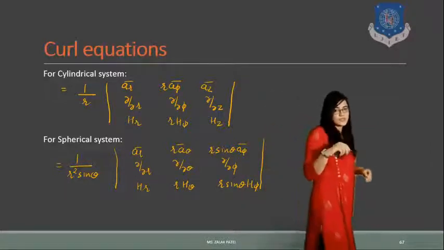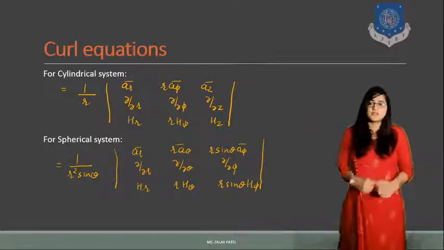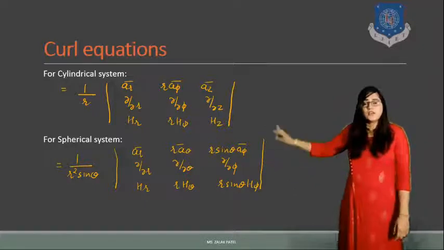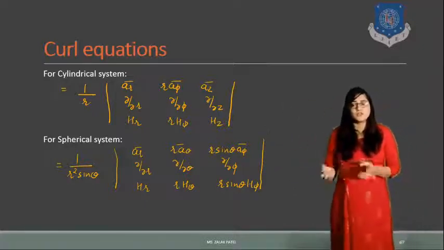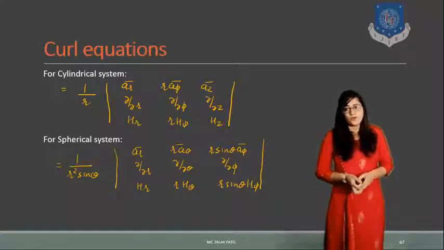So if you remember the coordinates and multipliers of all three coordinate systems, you can easily write down the equation for the curl of cylindrical, spherical or Cartesian as well.